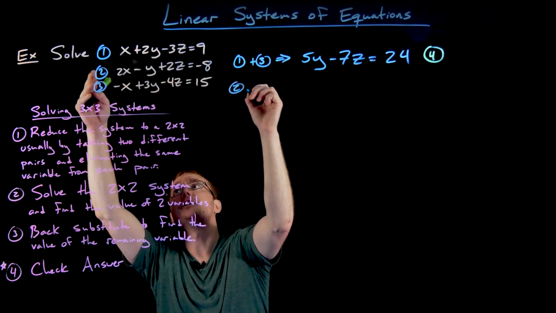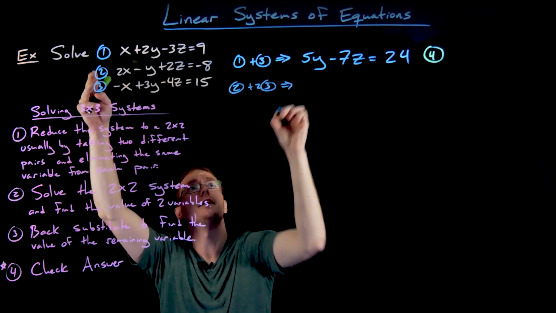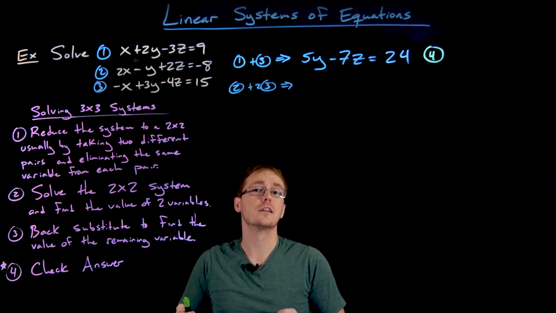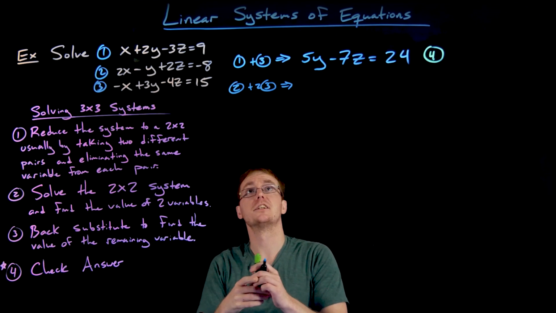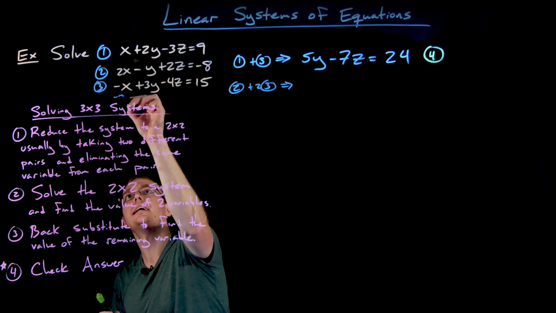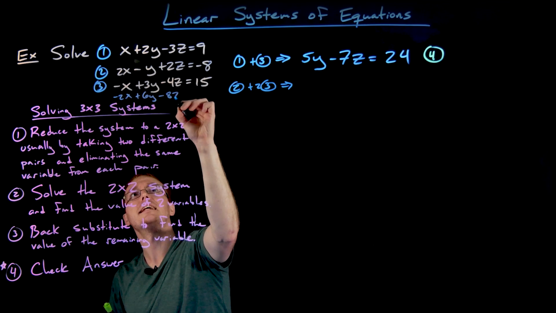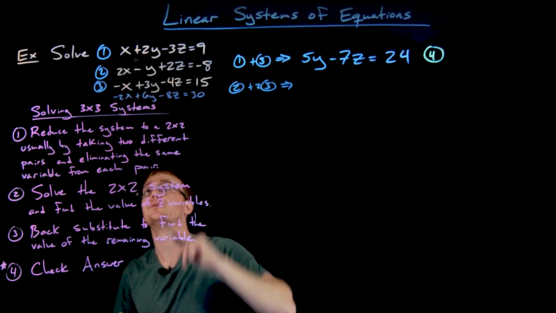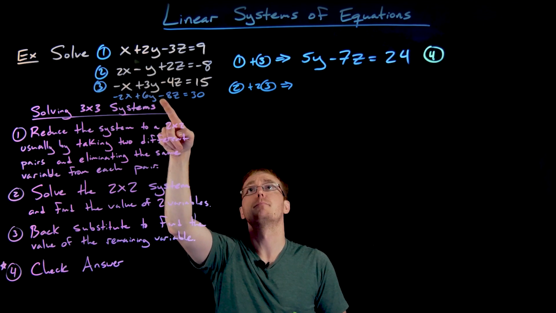Notice if we take equation 2 and add 2 copies of equation 3 to it, then we'll get the x's eliminated, right? If we multiply equation 3 by 2, it's going to turn into -2x plus 6y minus 8z is equal to 30. That's just 2 times our third equation that I wrote in blue below it.